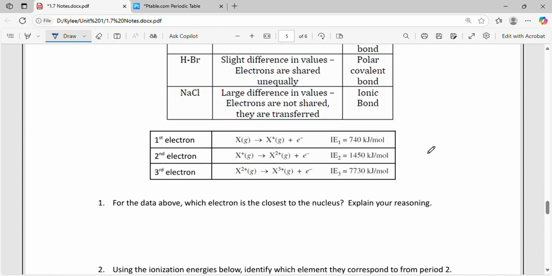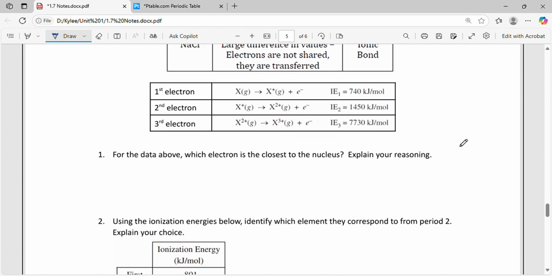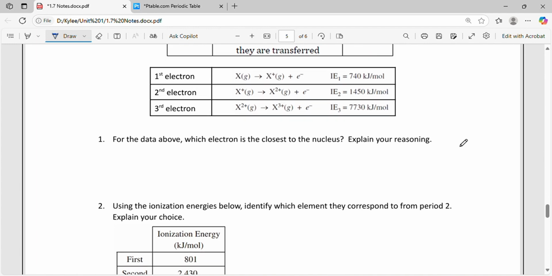For the data above, they're asking which electron is closest to the nucleus. And they give us some ionization energies, and then they want us to explain our reasoning. So remember, ionization energy increases as we get closer to the nucleus. So the ones that are furthest away are going to be ones that have low ionization energies.